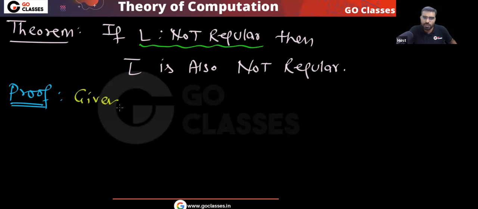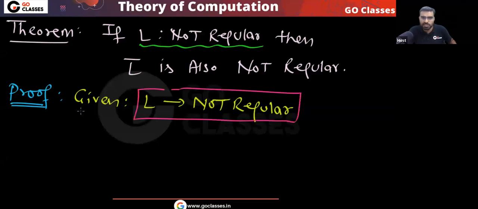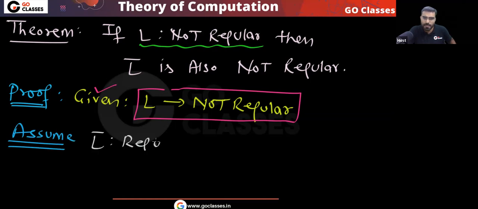What is given to you? It is given to you that L is not regular. Now, assume L complement is regular. Just assume. I am assuming that L complement is regular.